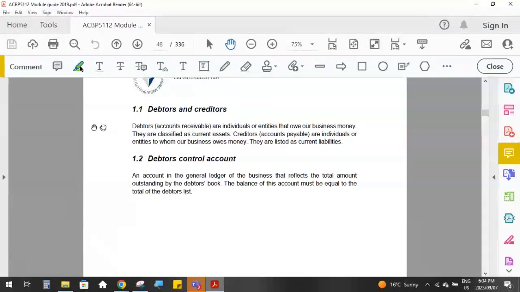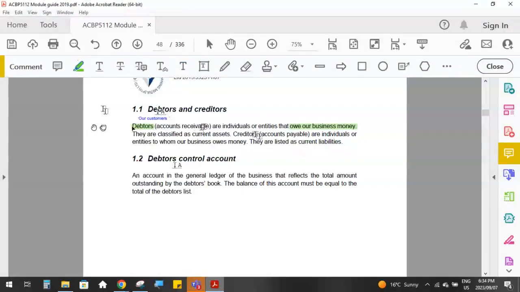So debtors and creditors. Always, again, just make sure that you 100% understand the difference between them. So a debtor is what we also call accounts receivable, which means people owe our business money. Okay, so they owe us money. That's our customers.